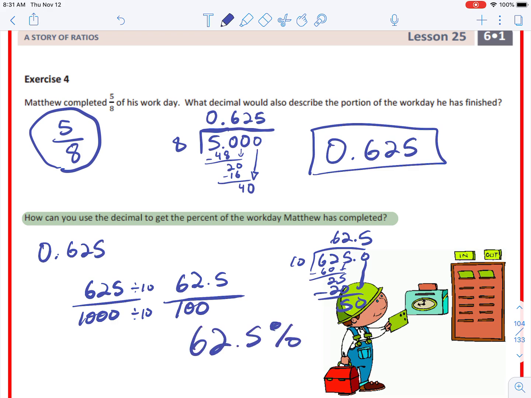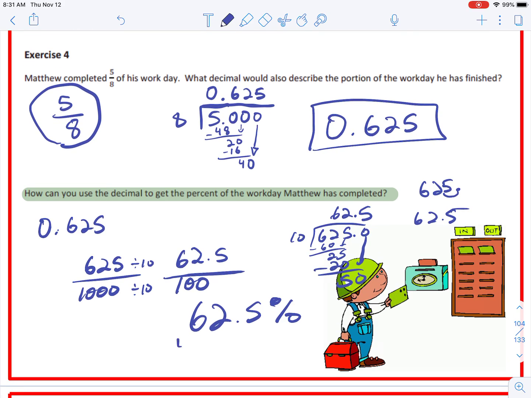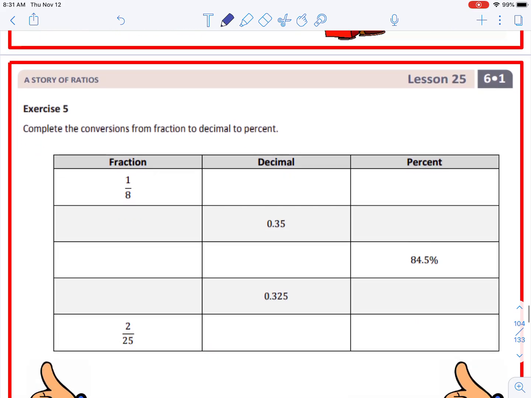Okay, another trick is whenever you divide something by 10, the imaginary decimal at the end is always moved to the left, so it would just be 62.5. Okay, let's go ahead and move on.